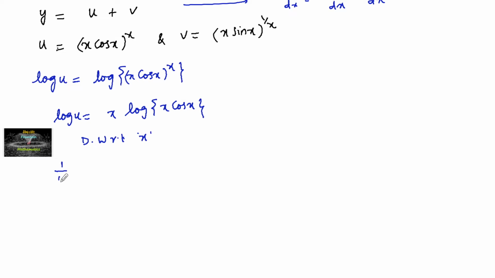So we have 1 upon u du by dx is equal to x into d by dx of log of x cos x, which is 1 upon x cos x, into again differentiation of x cos x, that can be taken as x into d by dx of cos x, which is minus sin x, plus cos x into differentiation of x, which is 1.